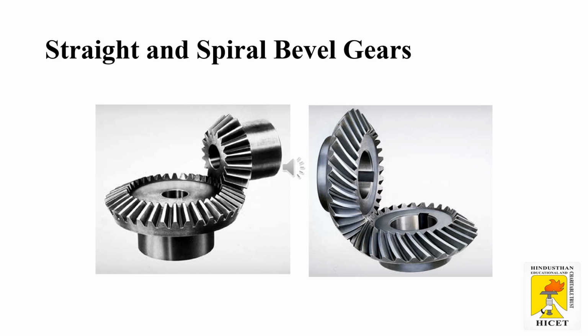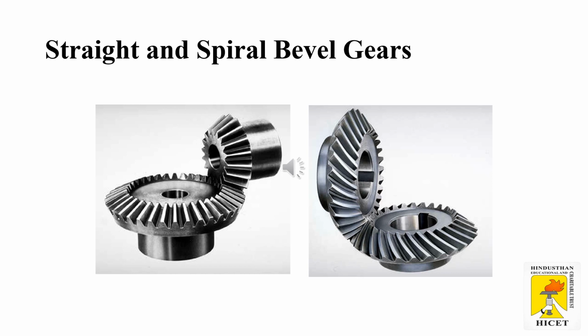Coming to spiral bevel gears, when the teeth of bevel gears are inclined at an angle to the face of the bevel, they are known as spiral bevel gears, as shown in the second figure. Because of the spiral tooth, the contact length and the contact ratio are greater.